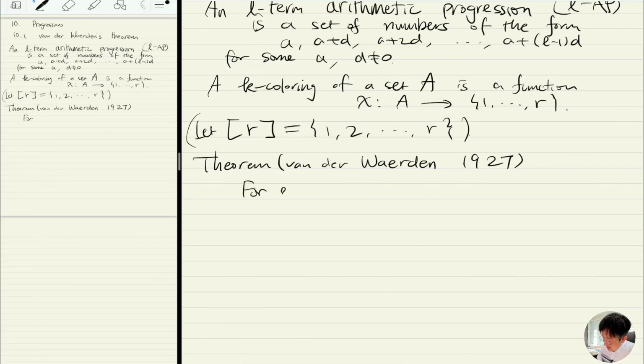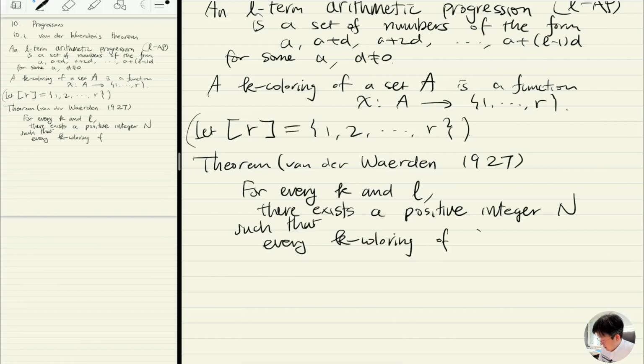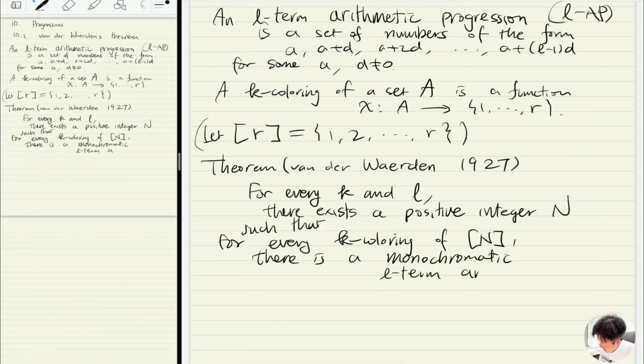So for every K and L, there exists a positive integer n such that for every K coloring of n, there is a monochromatic L-term arithmetic progression.